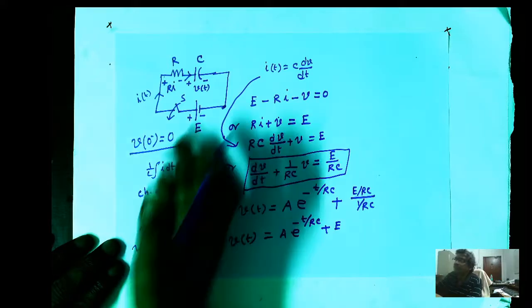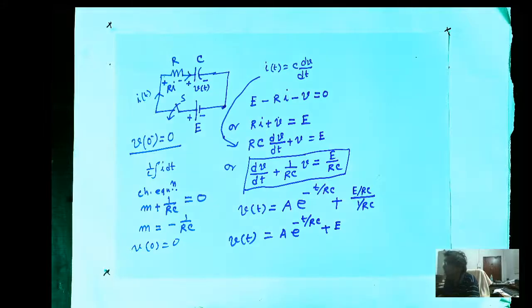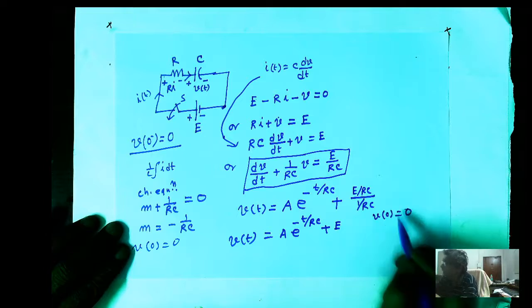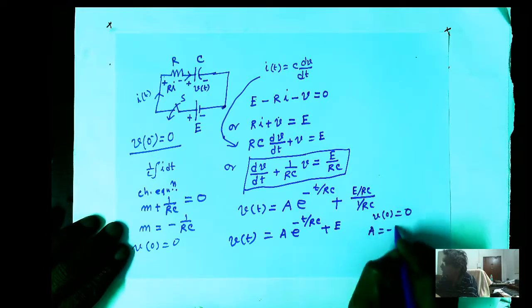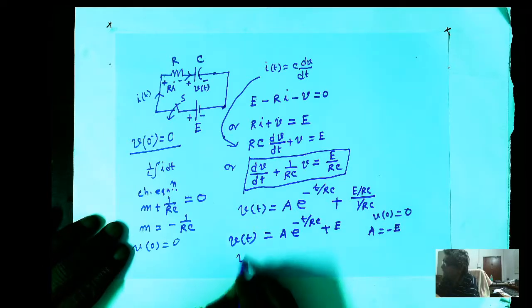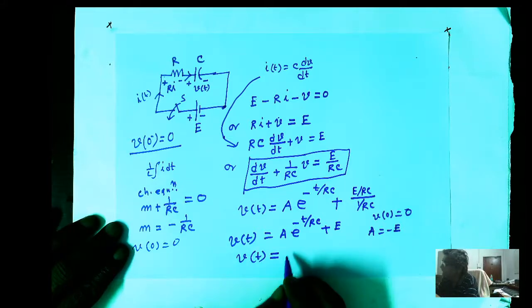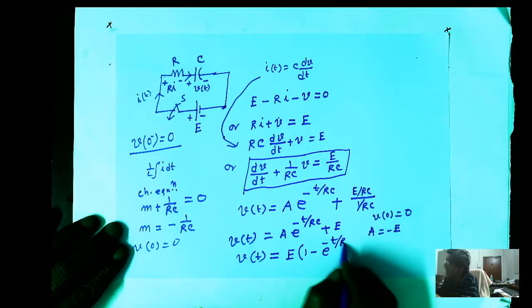Because there is no delta function, V(0 minus) equals V(0 plus) equals 0. So V(0) equal to 0 will give you A equal to minus E. Therefore, the voltage across the plate of the capacitor will become E into 1 minus e to the power minus t over RC.